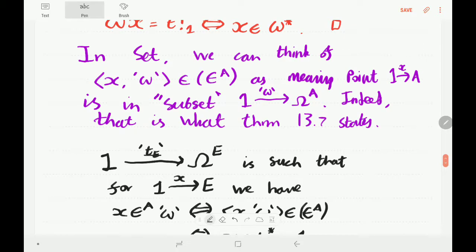Well, the name of TE corresponds to TE, and then that's the classifying arrow of 1 of E. Okay.